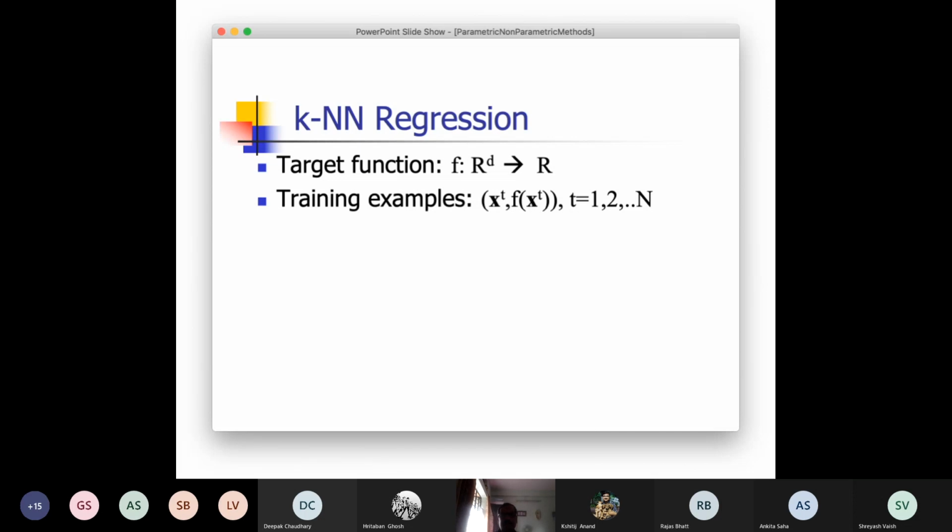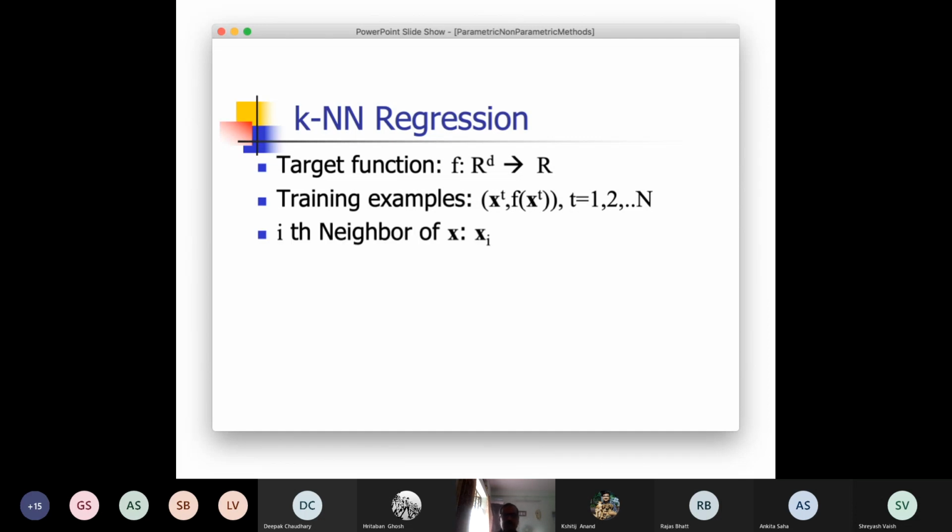If I give you the true target function values for certain instances, in the same way as the supervised classifier where we specify labeled samples, where each sample has a class label, in this case you have a functional value in the real space. So the representation is that you have x superscript t as the tth sample, and the respective functional value is f of x superscript t.